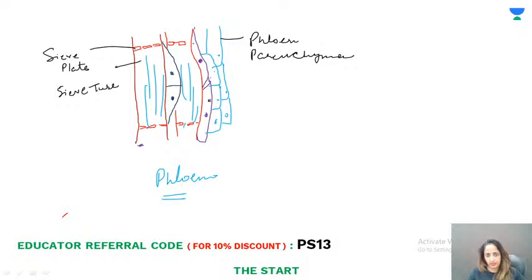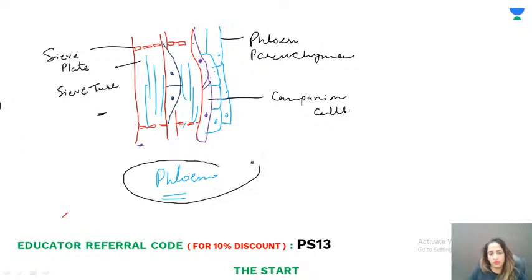These are companion cells. Alright guys, so this is all about how a phloem would look like, right?